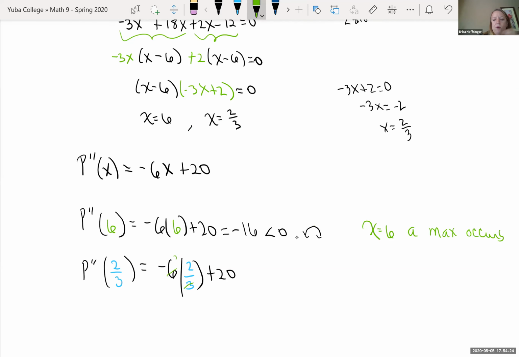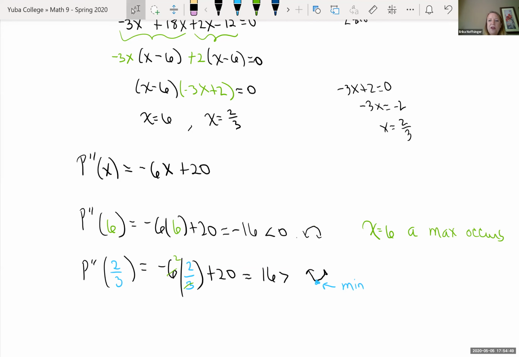So I get -4 plus 20. -4 plus 20 is positive 16. This is greater than 0, which tells me concave up. And then this would be a minimum. Okay, so x equals 2/3, a minimum occurs.